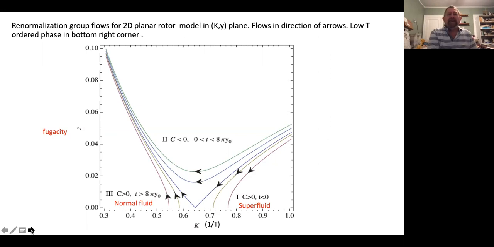And so we can identify, as I was saying before, all Hamiltonians that start in the bottom right-hand corner as corresponding to being below TC. But of course, the actual physical TC depends on the initial fugacity y naught.